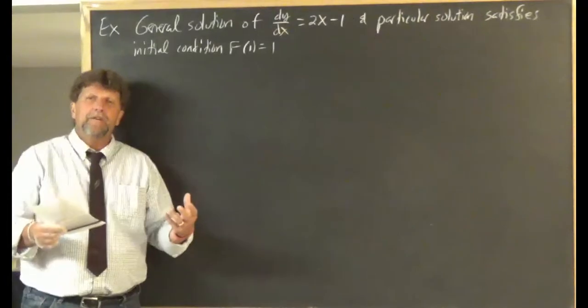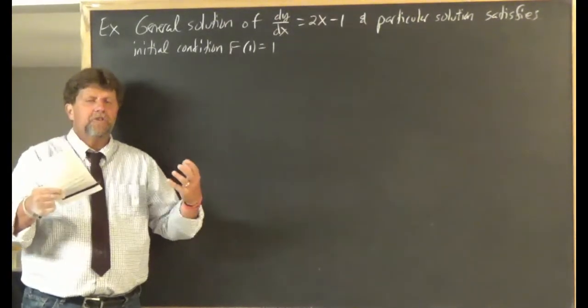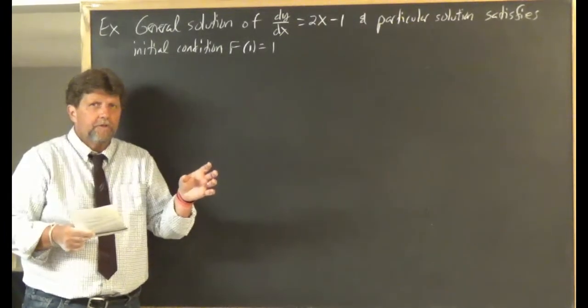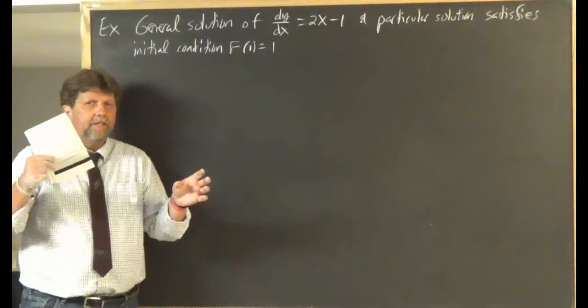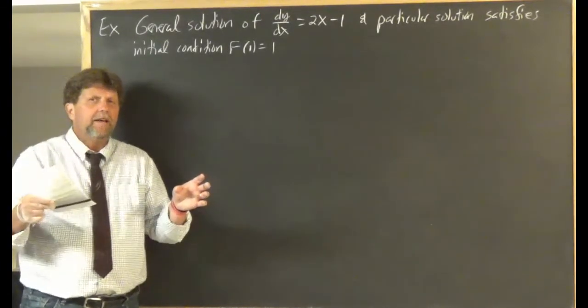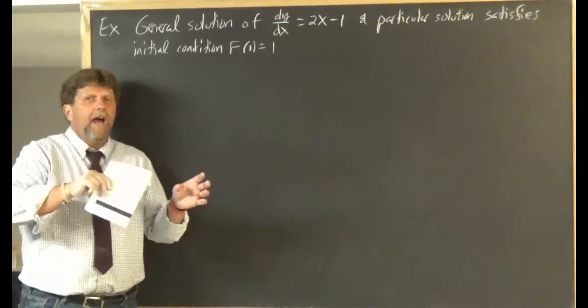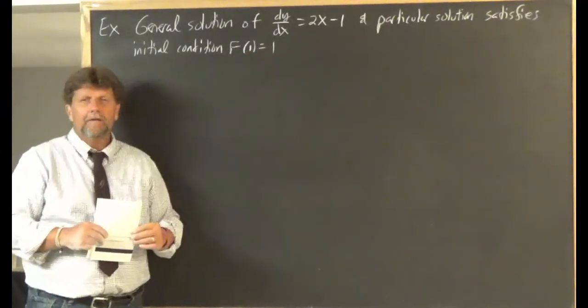It's that family of functions. There's an infinite number of functions because of the plus c on the end. That's the general solution. The particular solution will be determining the value of c that makes the graph of the function go through the point (1, 1).